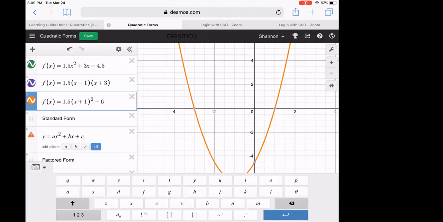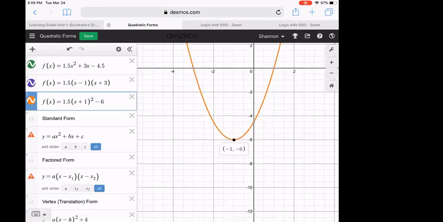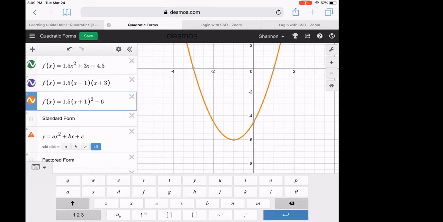So here's the -6, right? That's definitely there. But the 1 seems to be a little bit off, right? Because the parentheses say x plus 1. And yet, for some reason, the vertex is at -1. Well, ladies and gentlemen, that should actually come at no surprise. We just finished our translations unit, and if you recall, whatever is inside the parentheses is your horizontal shift.